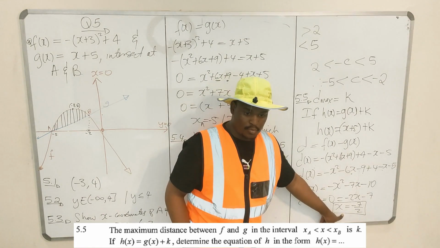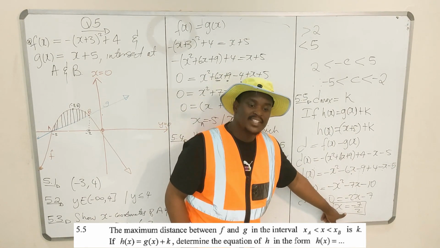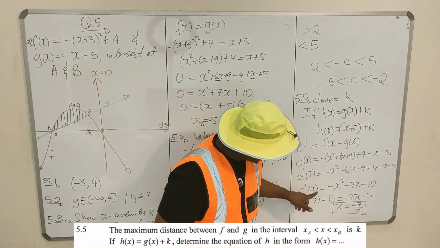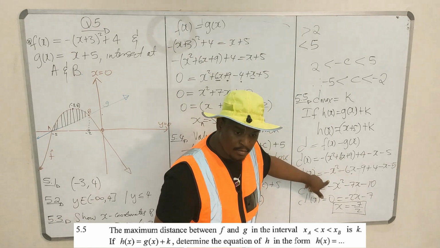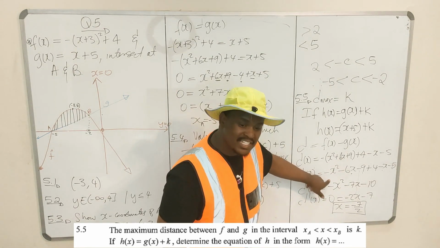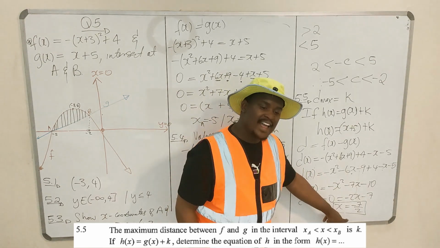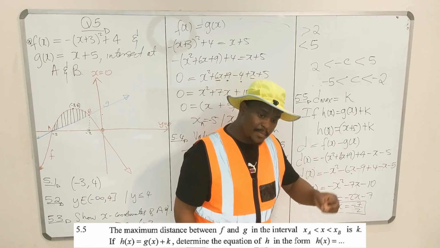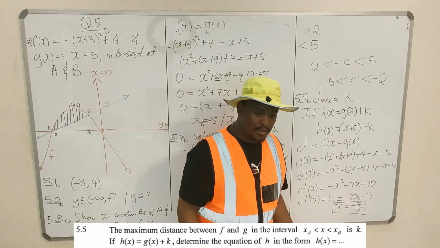This x value will give you the maximum distance, so you substitute your x value here, because this gives you the distance between the two functions. So you find the actual maximum distance by substituting this there.